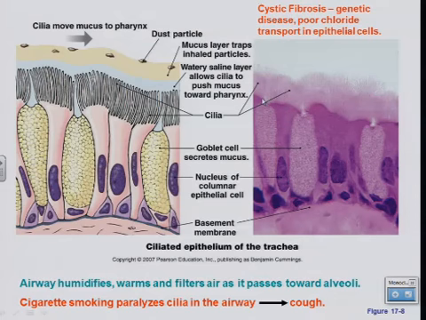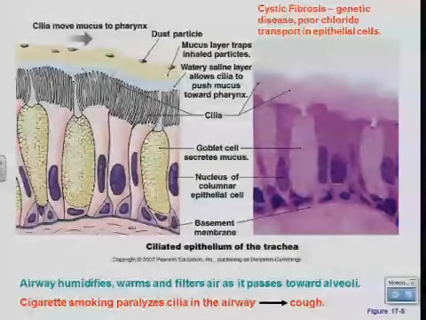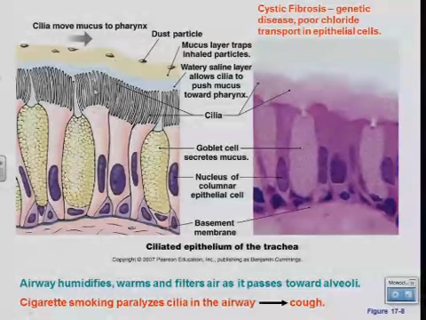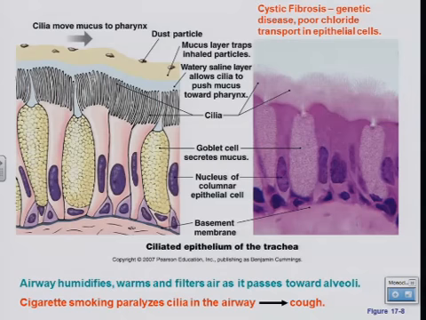Therefore, we don't get this fluid secretion that you see here that surrounds the cilia. And without this fluid layer, this mucus falls down into the cilia, once again slowing down and impeding their motility and ability to move the mucus out. As well, we talked about the importance of humidification of the air, as well as warming it and filtering it as it passes to the alveoli.